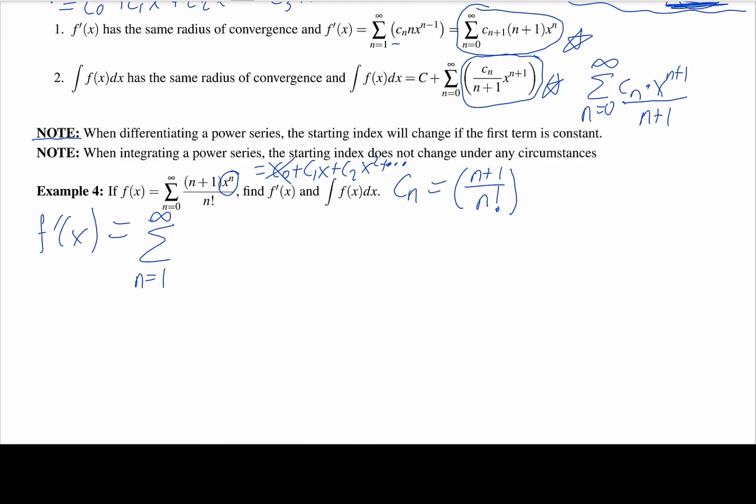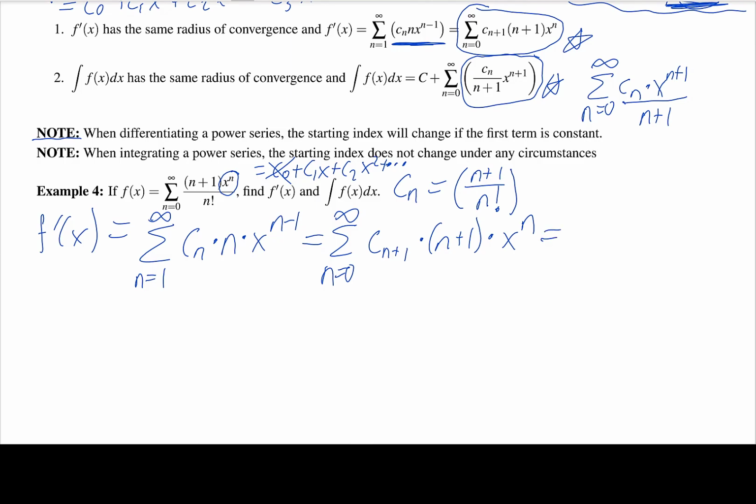Okay, so my formula says this should be c sub n times n times x to the n minus 1. And so now, to change that to a sum that starts at n equals 0, I'm going to add 1 to all my n's. So this would be c sub n plus 1 times n plus 1 times x to the n plus 1 minus 1, which is just n.